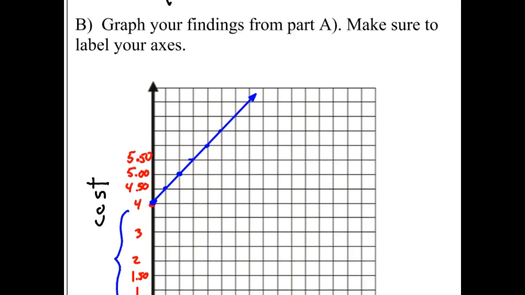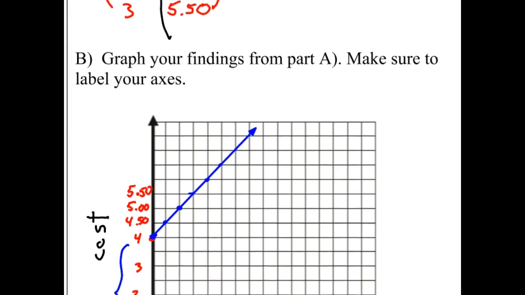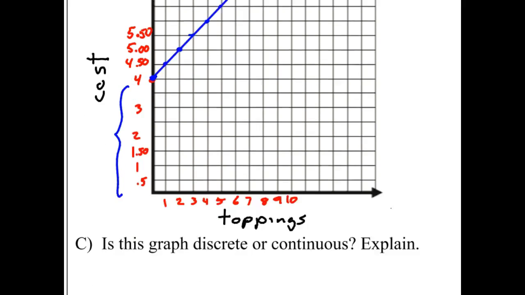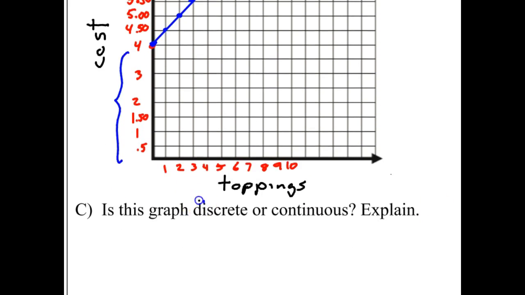Okay, discrete or continuous. All right, so ask yourself, last time we could get fractions of pounds of candy. It's possible to buy 3.5 pounds or 3 3/4 pounds, but is it possible to get 2.5 toppings or 4 3/4 toppings? So not really. So we should say that this is discrete.